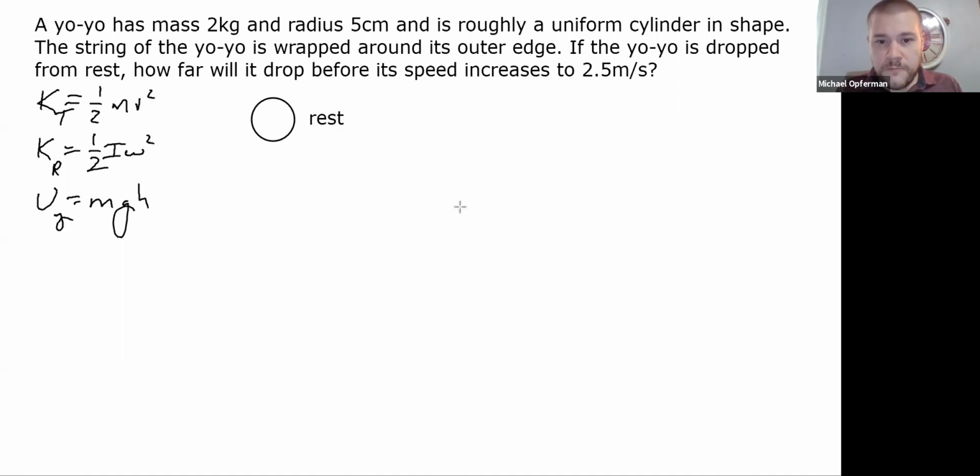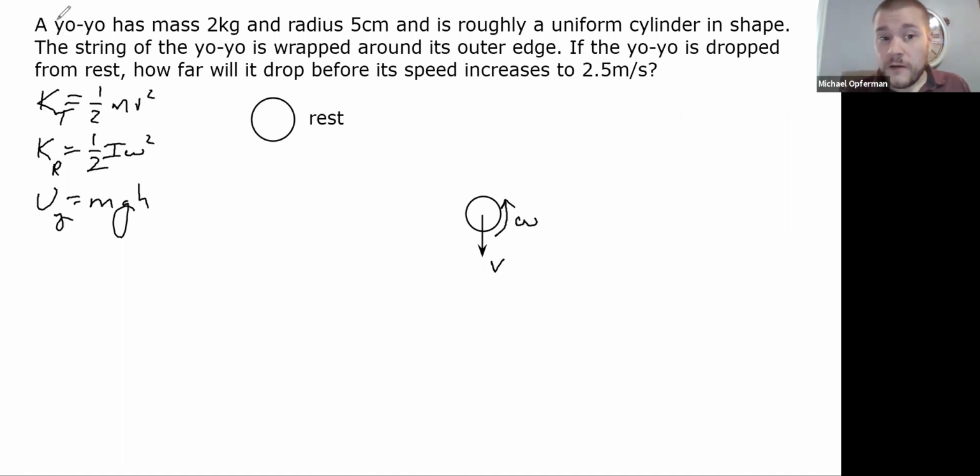The final state, it will have dropped some distance. It is now moving downwards at speed v, and also simultaneously it is rotating at angular speed omega.